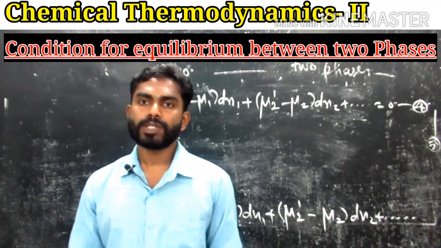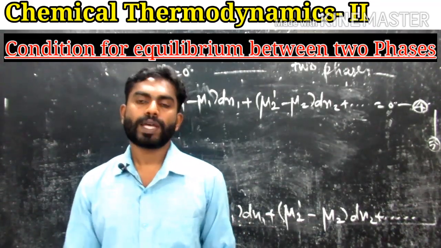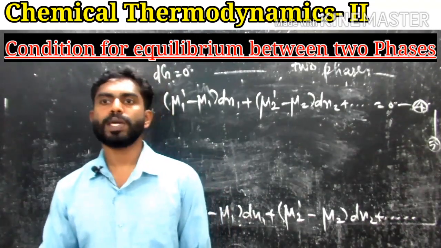This means that each term on the LHS of equation 4 must be 0.